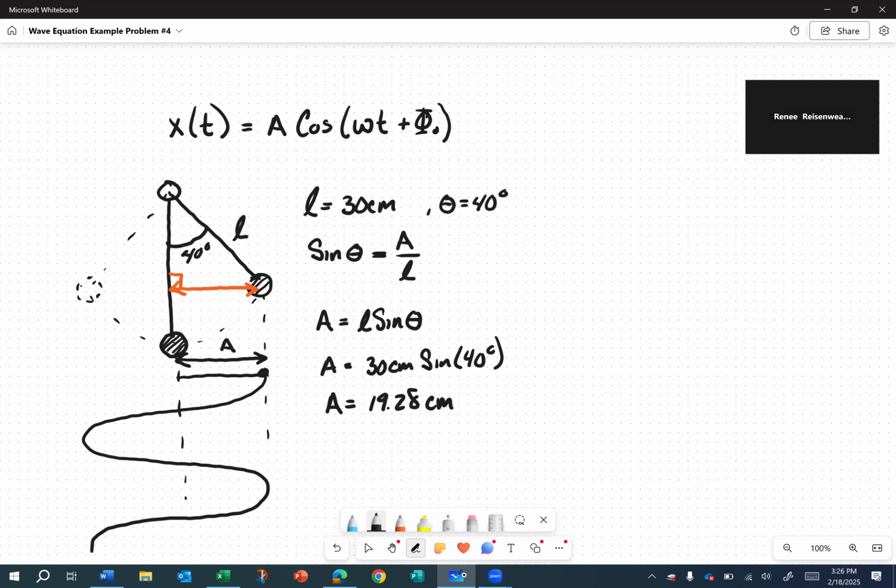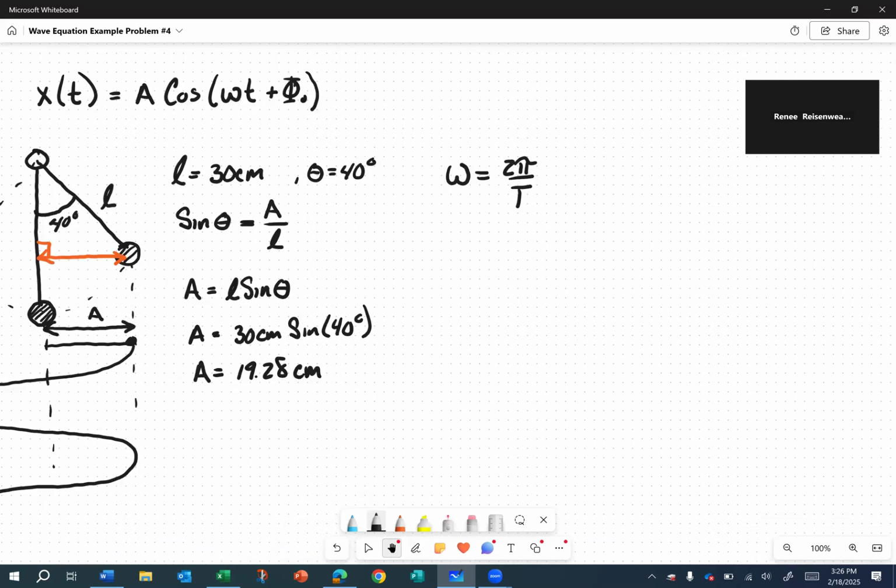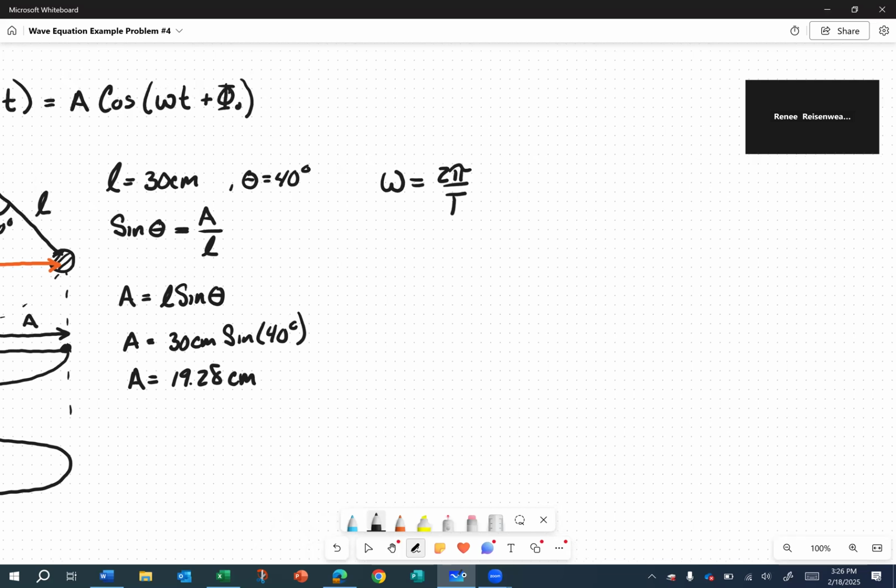Next, what else we could use here is we're looking at omega, right? So that gives us our amplitude. Omega is 2 pi over the period. So another variable we should be able to solve for is the period of the pendulum. Using that, we will then solve for the angular frequency. The period of a pendulum is 2 pi square root of L over g.